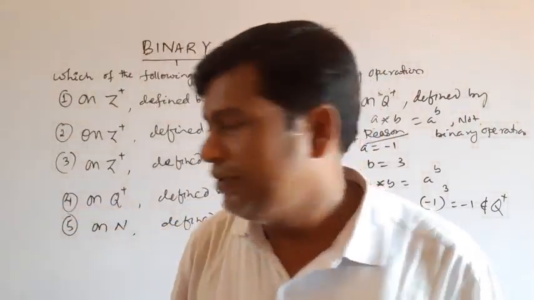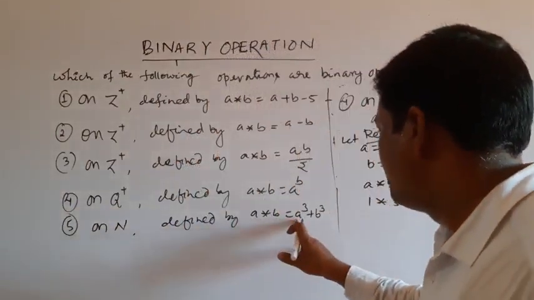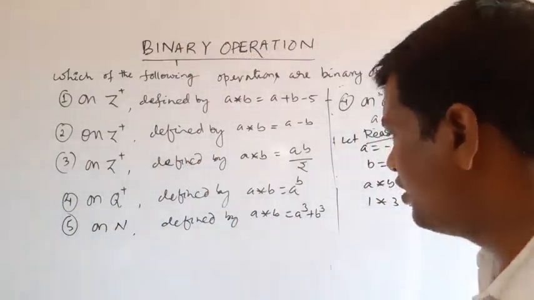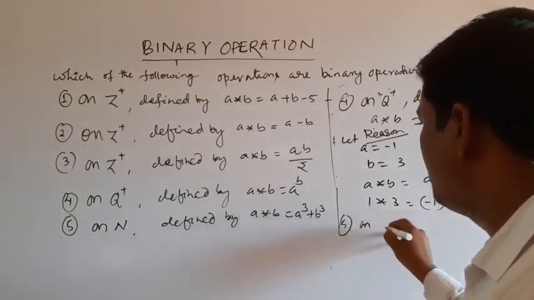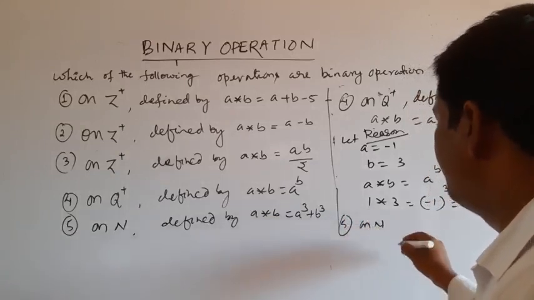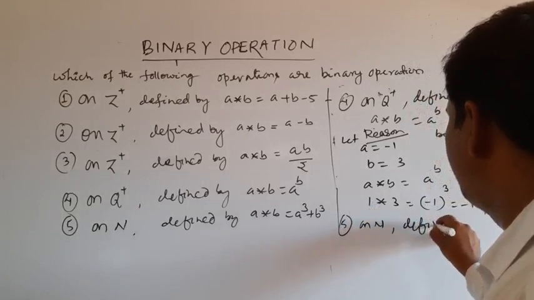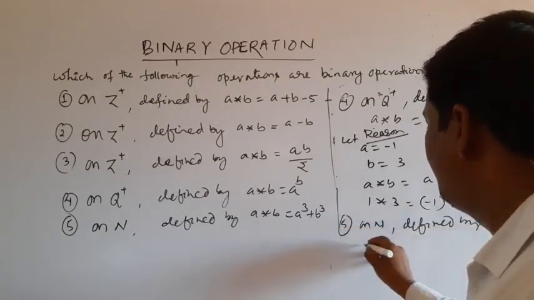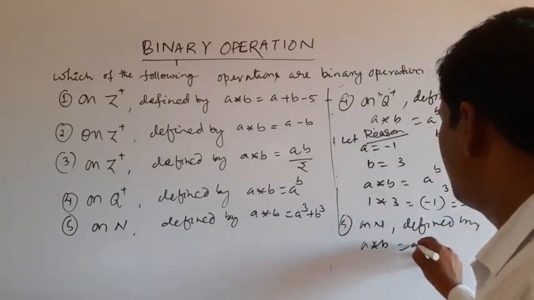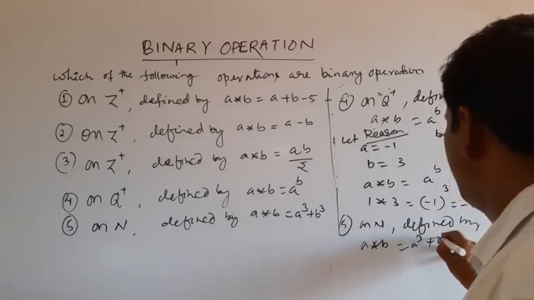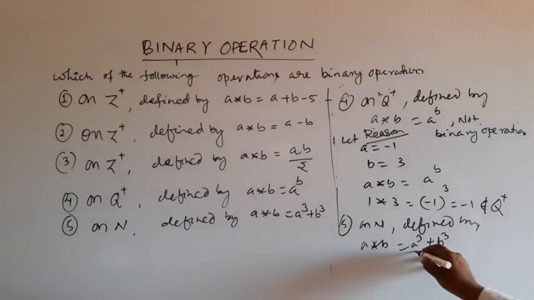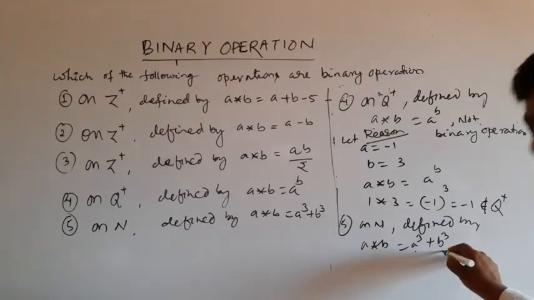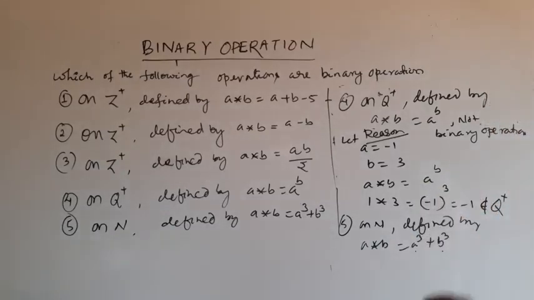Now the fifth one is a binary operation. The sum of the cubes of any two natural numbers is a natural number. So the fifth one, on N defined by a star b is equal to a cube plus b cube: the cube of any natural number is a natural number, and the addition of two natural numbers is also a natural number.